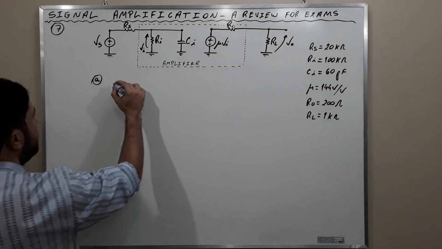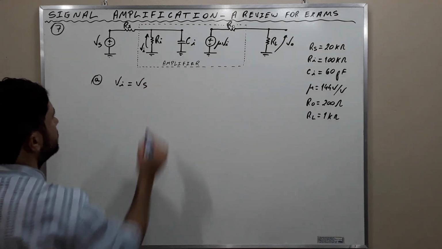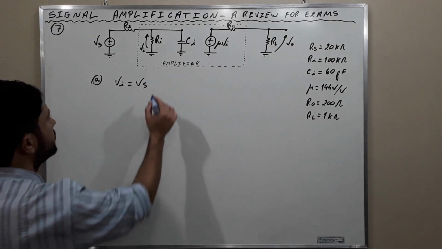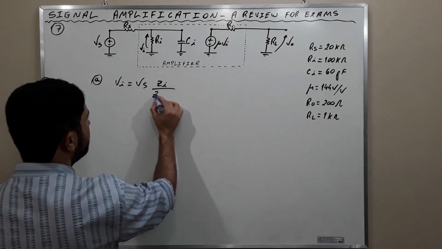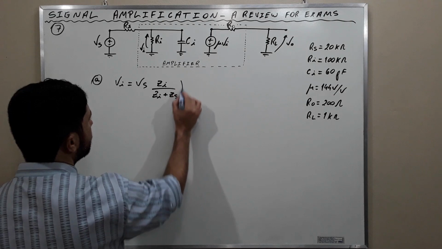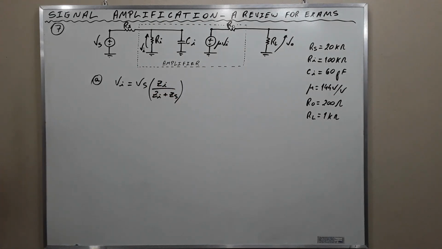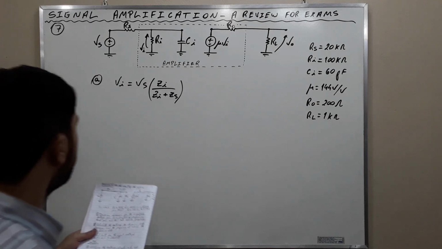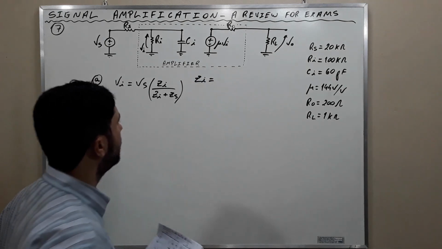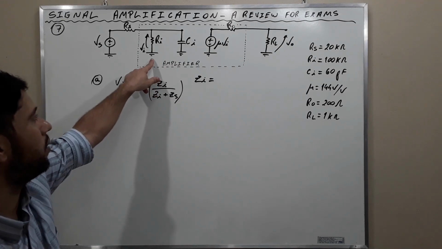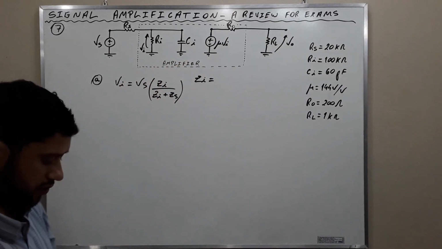So Vi is equal to Vs times Zi divided by Zi plus Zs. Okay? Where Zi is the impedance resulting from the parallel connection between Ri and Ci. So Zi is the impedance resulting from the parallel connection between this resistor and this capacitor.